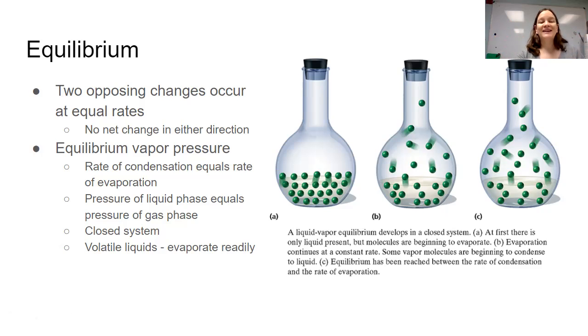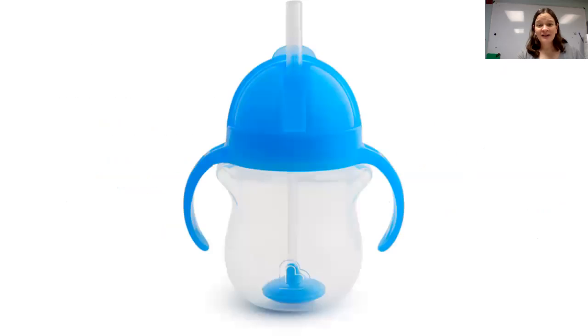Okay, an example that I have actually run into as a mom of vapor pressure is actually this little cup. I loved these cups for the longest time, and then I hated them, and I would never buy them again. So what happens is you put a little bit of your liquid in here, probably milk, because it's a sippy cup for a baby. And then you end up creating a closed system because you put the lid on it.